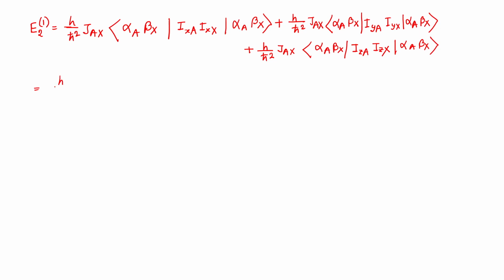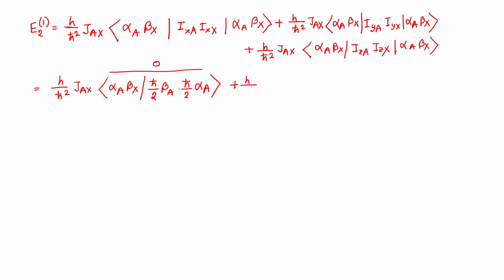Each of these integrals will yield something. So IxA, when operating, is only going to be operating on alpha A, and that will give me h cut by 2. Obviously it will give me beta A, the wave function will change. Similarly for this alpha A, obviously you can see it has changed, so it is going to give me 0 integral, so it is orthogonal.